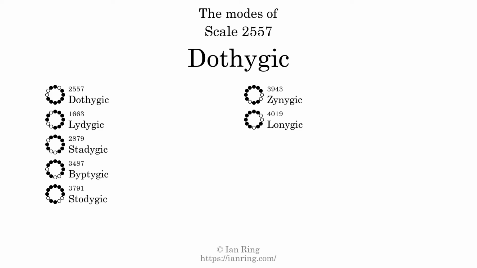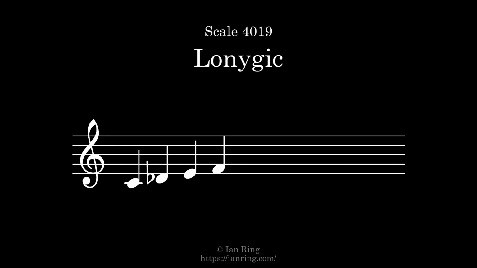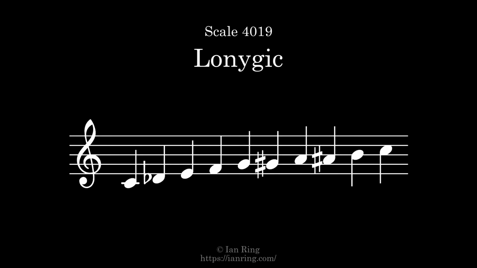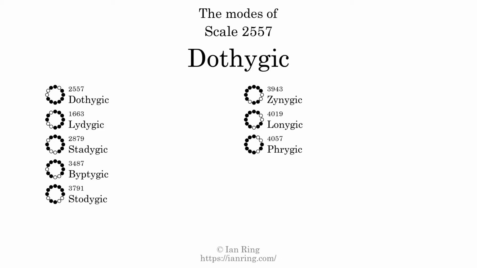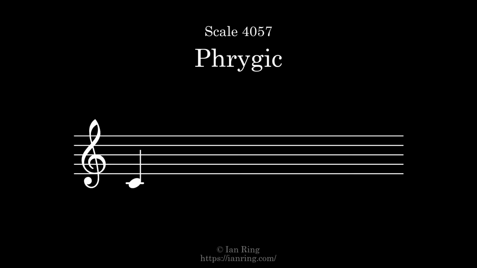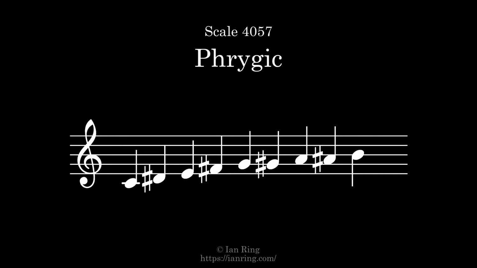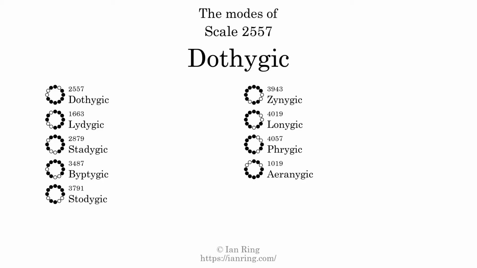It sounds like this. The eighth mode is scale 4057, also known as Phrygic. It sounds like this. The ninth and last mode is scale 1019, also known as Heteromorphisms. It sounds like this.